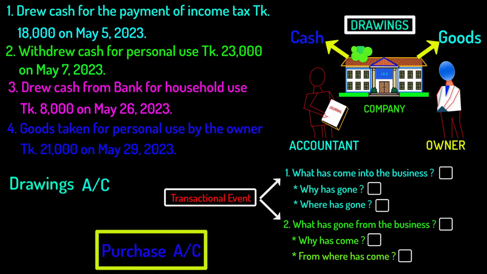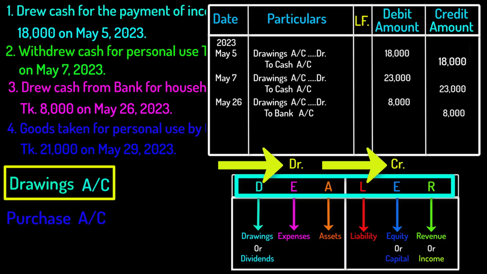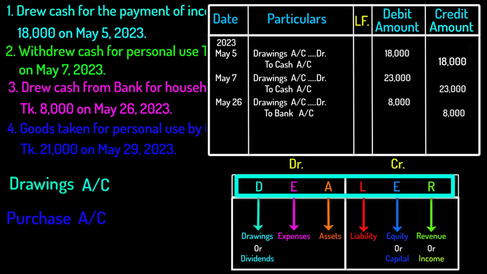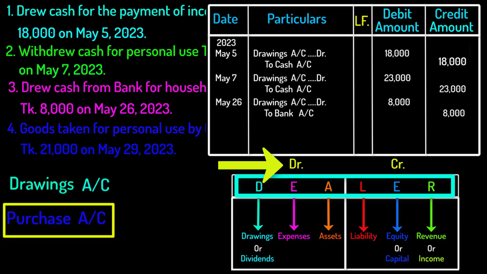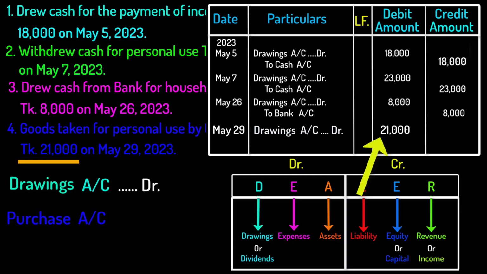Do you understand? Now, use this dealer rule to find out whether this drawings account will be debit or credit, and whether this purchase account will be debit or credit. We know that drawings account is debit, so write here date and here drawings account debit. Here the amount of taka 21,000.